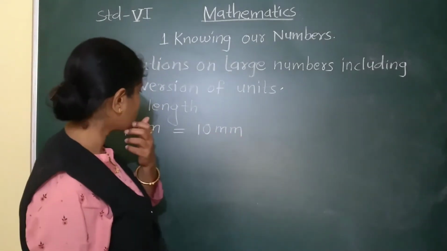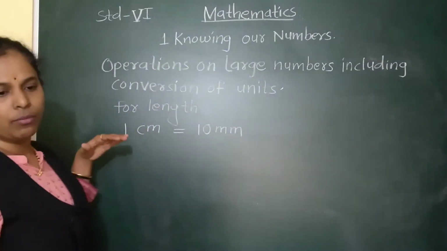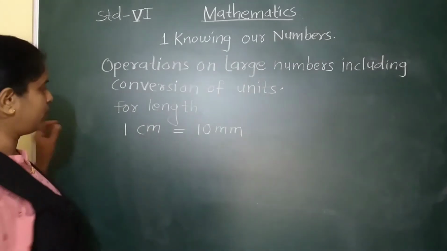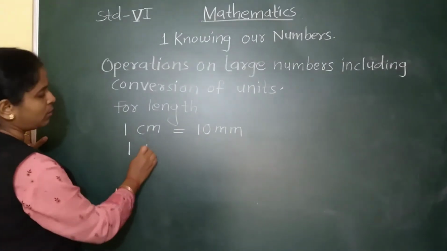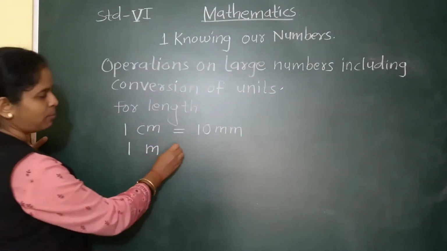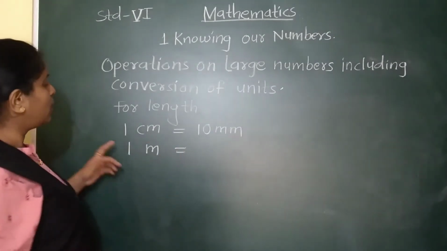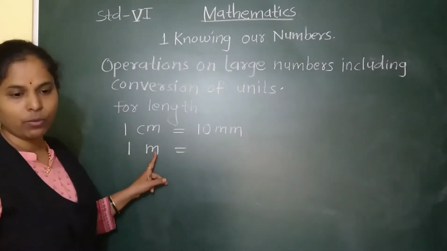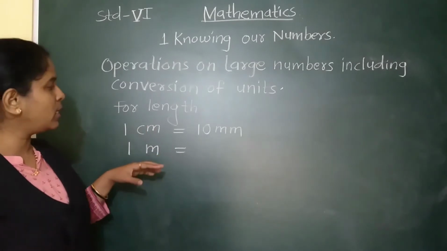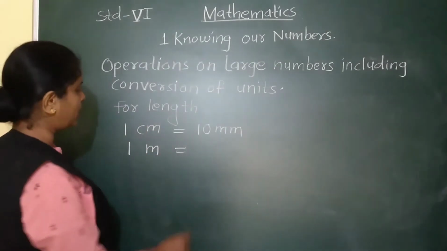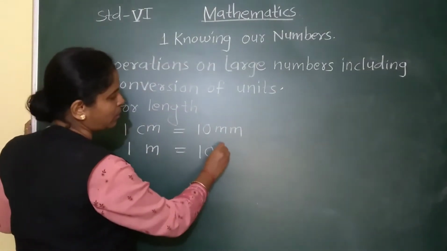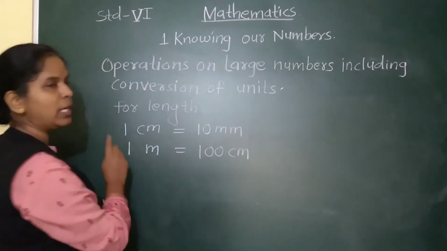Okay. Next is 1 meter. Now meter, how to write? 1 m, m for meter. So 1 meter is equal to how many centimeters? 100 centimeters make 1 meter.